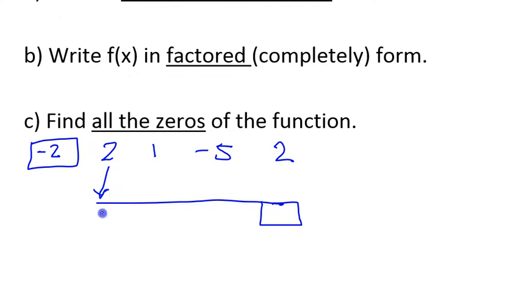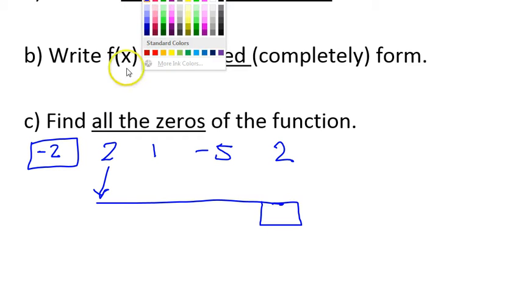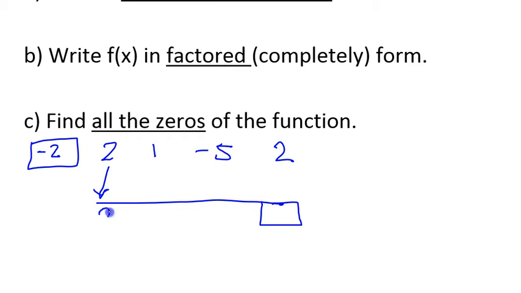I bring down the 2. 2 times negative 2 is negative 4. Add them, I get negative 3. Negative 3 times negative 2 is positive 6. Add these, I get 1. 1 times negative 2 is negative 2. Add those, of course, I get 0.